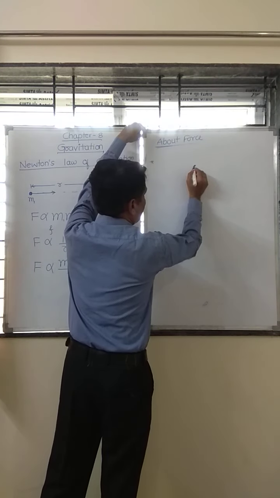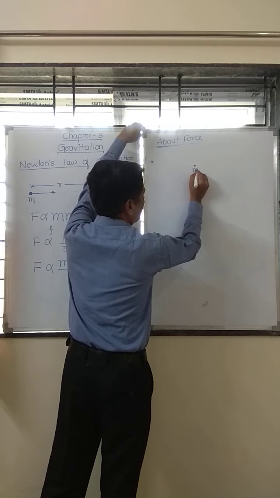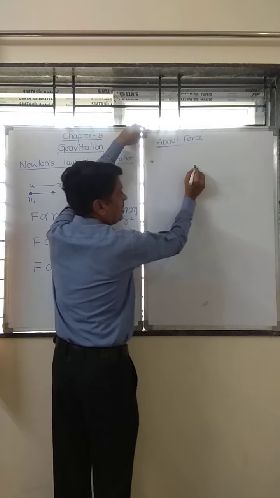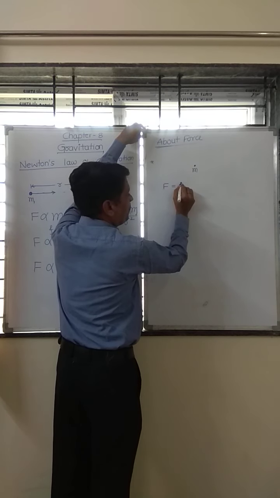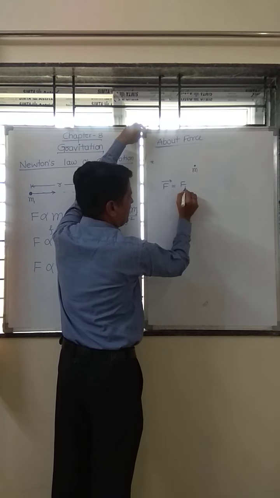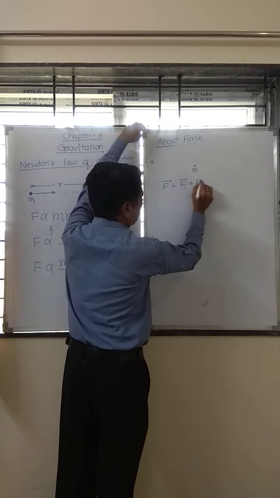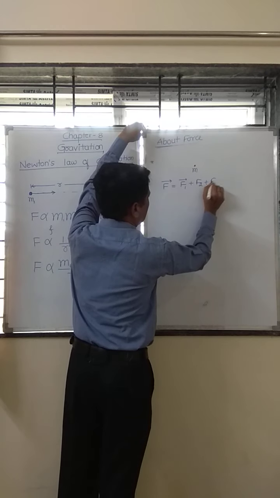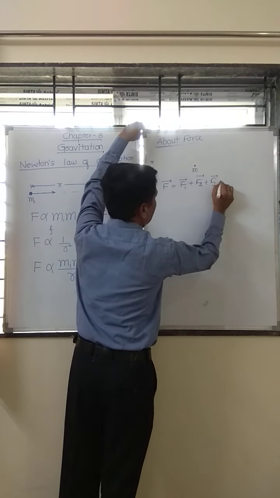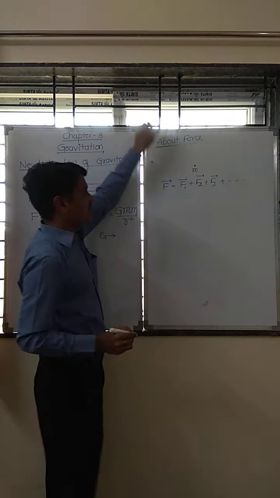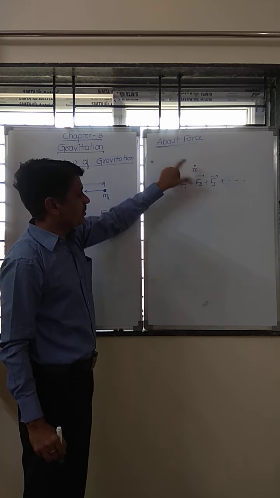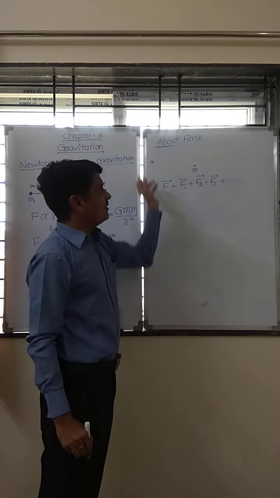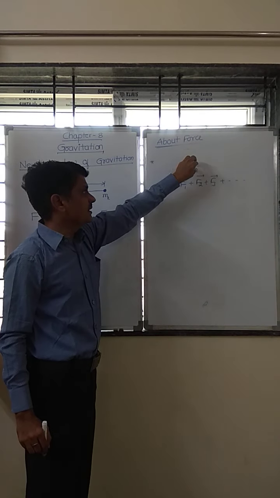According to this, if we have one mass, the total force on this mass is equal to vector sum of forces due to other masses, that is F1 plus F2 plus F3 and so on. Therefore, number of forces on this mass is equal to number of masses present around this particle.